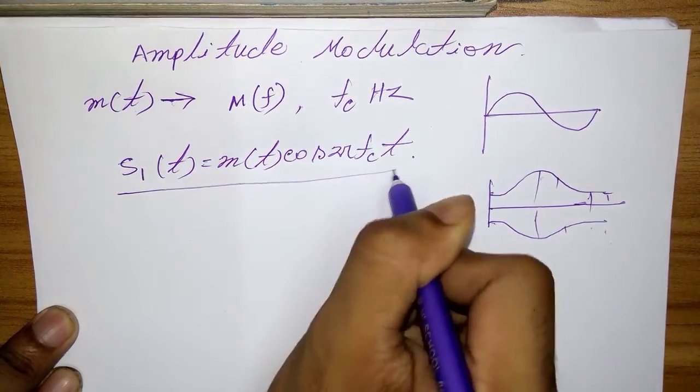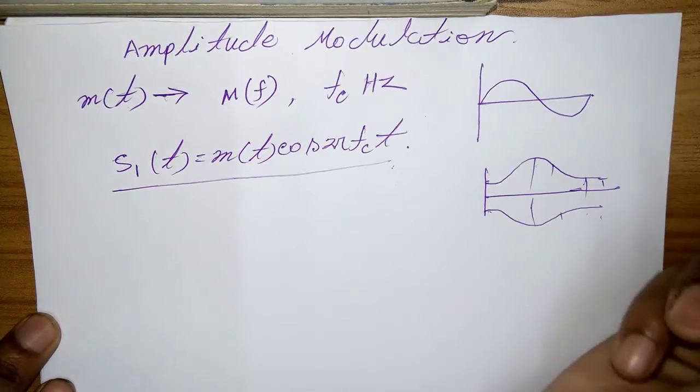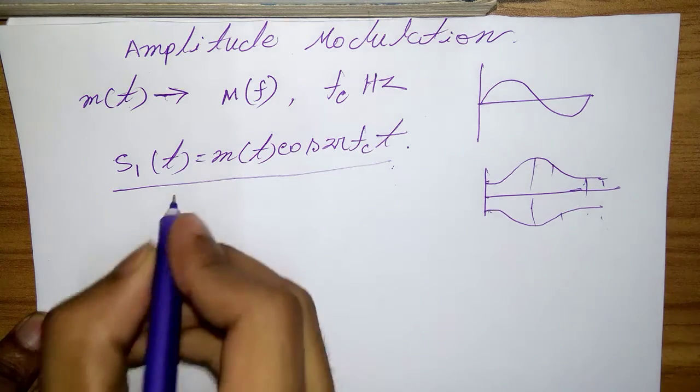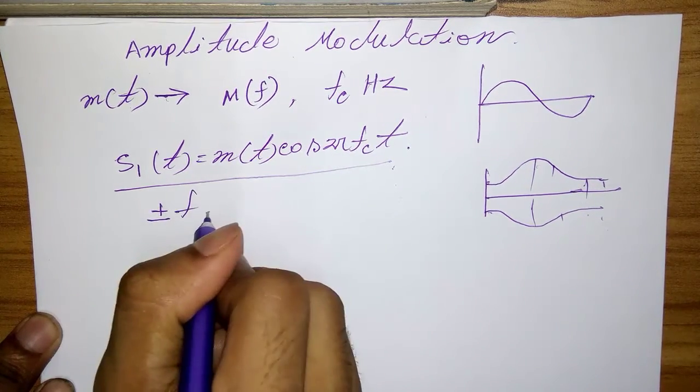Clear? That's the equation. So this immediately achieves the basic aim of modulation by moving the signal frequency content to be centered at plus minus fc.